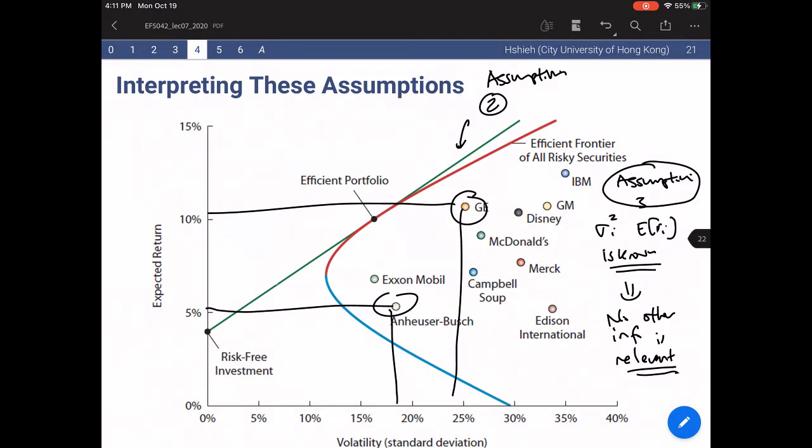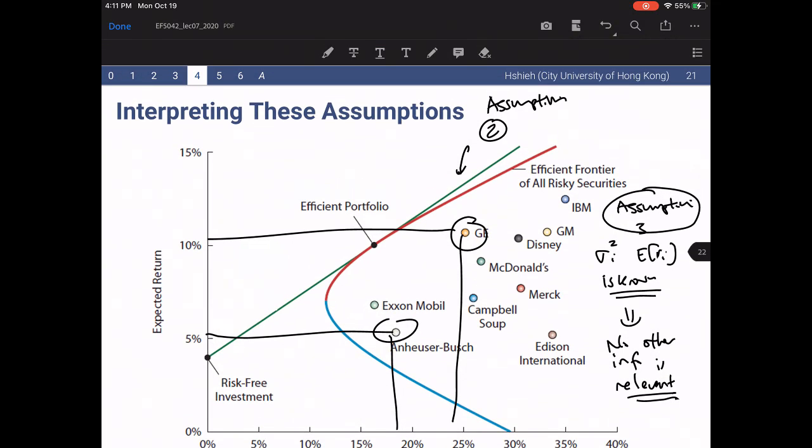And the answer, of course, is yes. As you will see, if we have these assumptions holding, this tangency portfolio is just another way of saying it's the market portfolio.